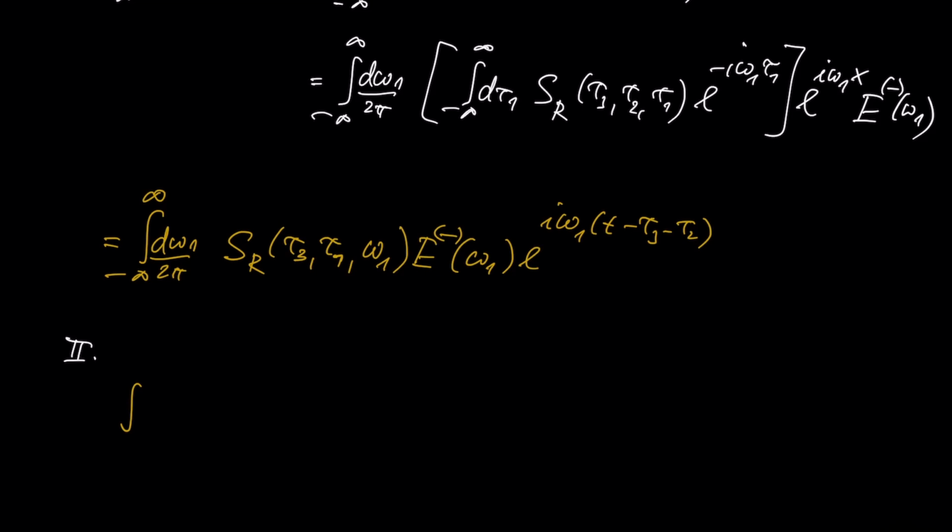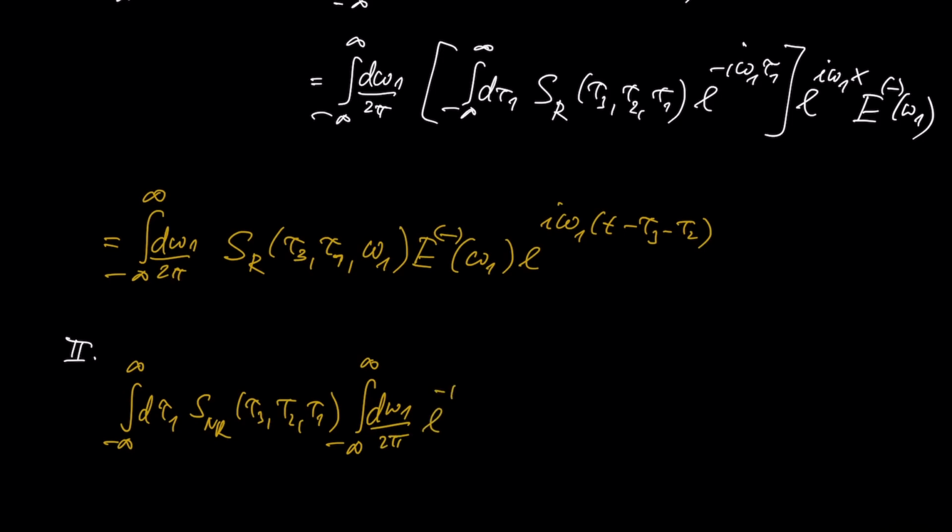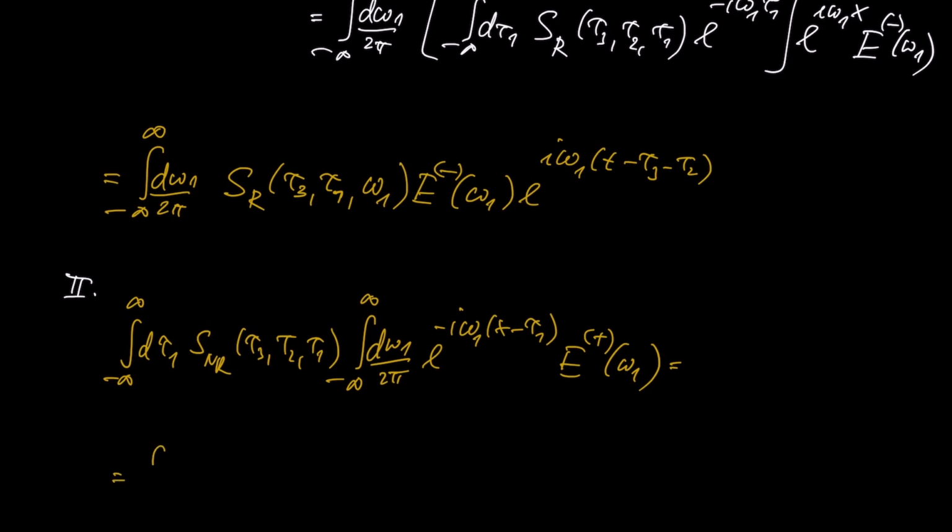We would get the integral from minus infinity to infinity over tau 1 of the non-rephasing response S_NR(tau 3, tau 2, tau 1), and we have the same situation with integrating over omega 1, but now we have minus i omega 1 (x minus tau 1) and E plus omega 1, and the result is very similar.